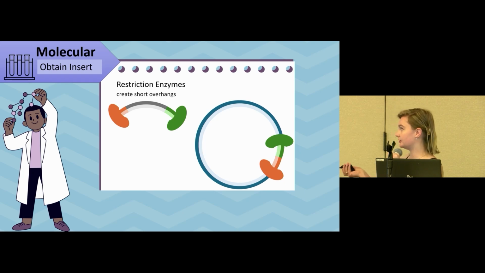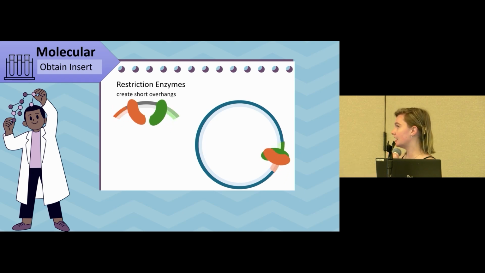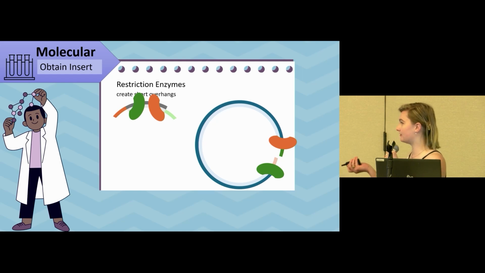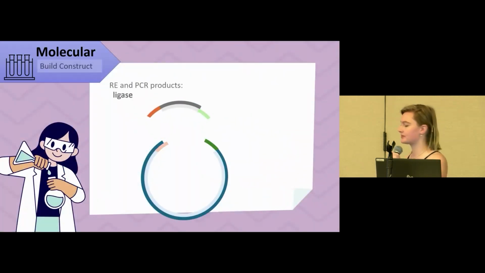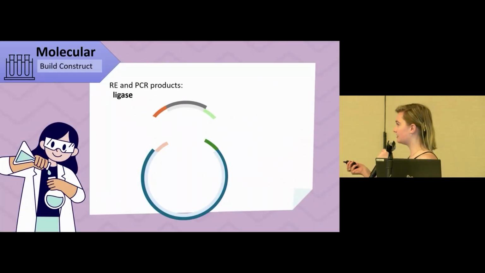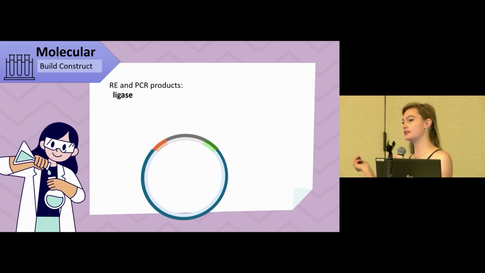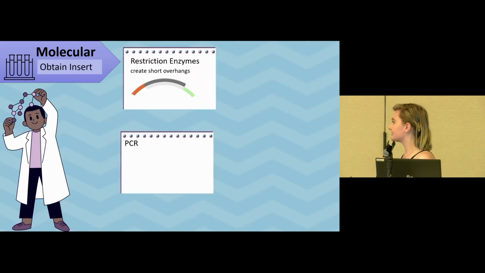So this allows for unidirectional insertion. And after it digests both your plasmid and the insert, you have acquired those sticky ends on your vector and your insert. At this point, it's just simple ligation to build your construct and then transfer. So that's restriction enzymes, potentially the simplest one.